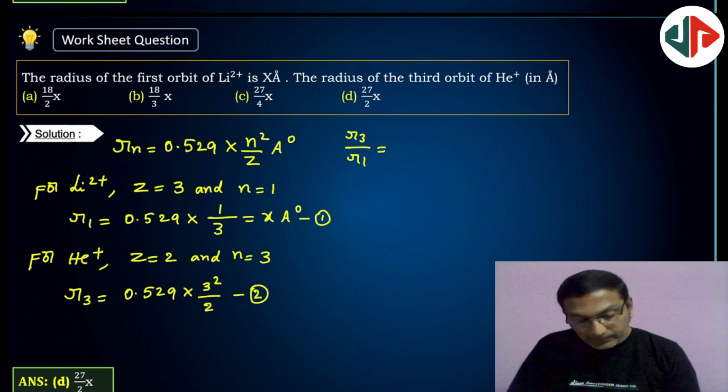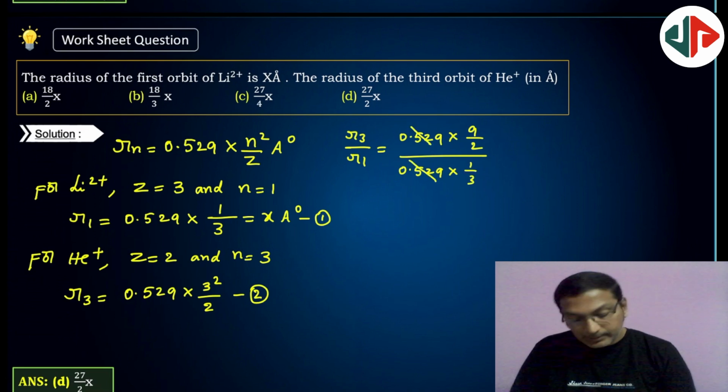R3 by R1 is 0.529 into 9 by 2 divided by 0.529 into 1 by 3. The 0.529 will be cancelled. You get 9 by 2 into 3 by 1, which is 27 by 2.